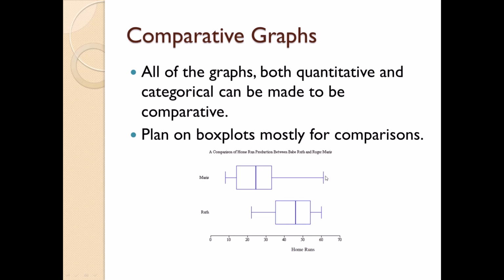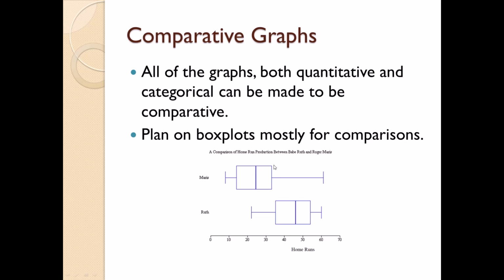And Roger Maris did have the most in a single season at 61. Babe Ruth was 60. But remember, this would be minimum, Q1, median, Q3, and max. And between your Q3 and your max is 25% of his highest home run years. From median to Q3 would represent 25% more, from Q1 to median 25%, and from minimum to Q1 would be the final 25%. So that's particularly good for comparisons.